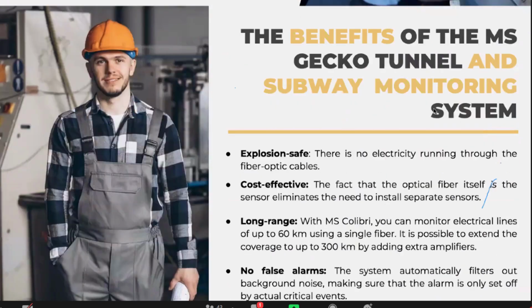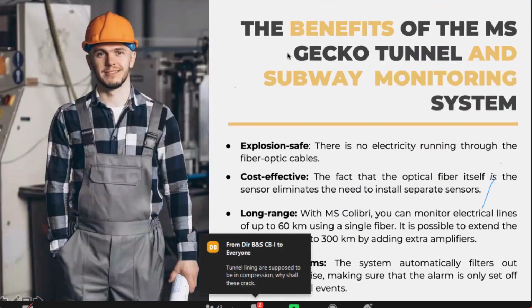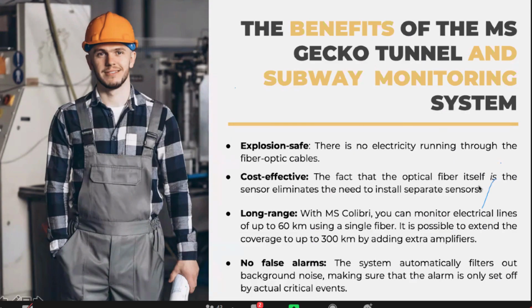MS Gecko is immune to electromagnetic interference, explosion safe, cost effective, long range, up to 60 kilometers with just a single line of cable, and it can also be extended using amplifiers to up to 300 kilometers. No false alarms.